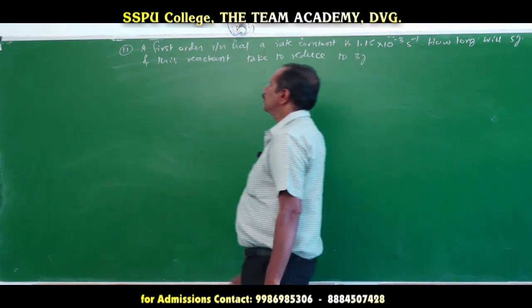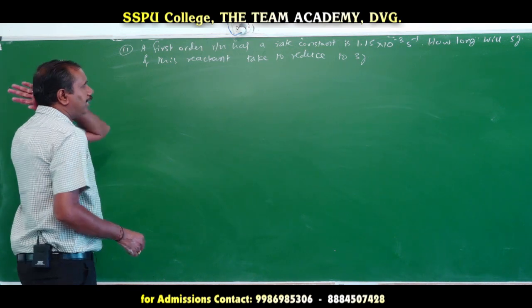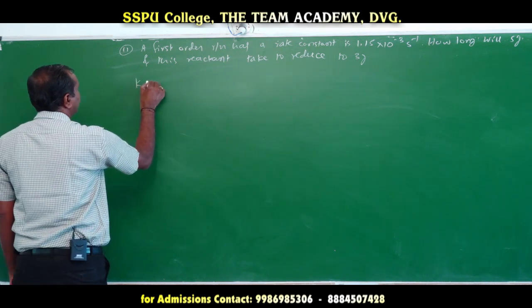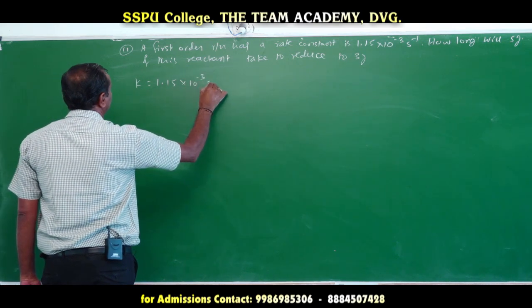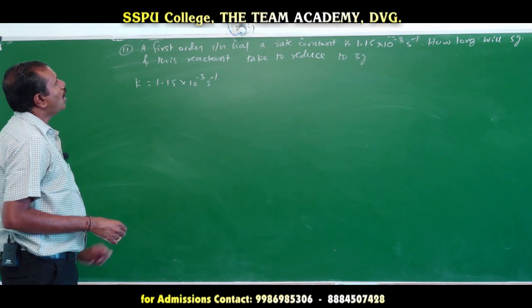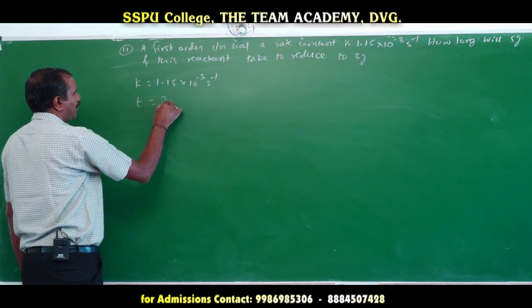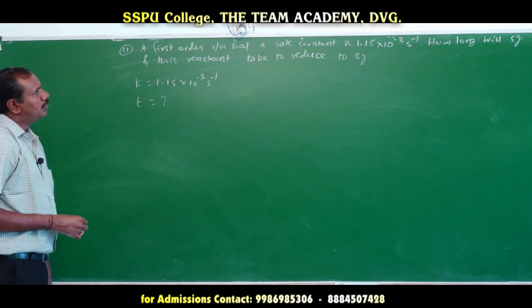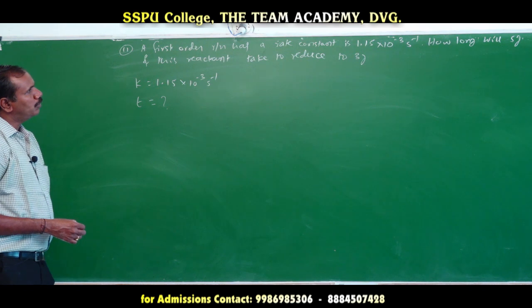Okay. So it is a first order reaction, and the rate constant K value is given: 1.15 into 10 to the power of minus 3 per second. How long means the time required to reduce from 5 gram of this reactant to 3 gram.